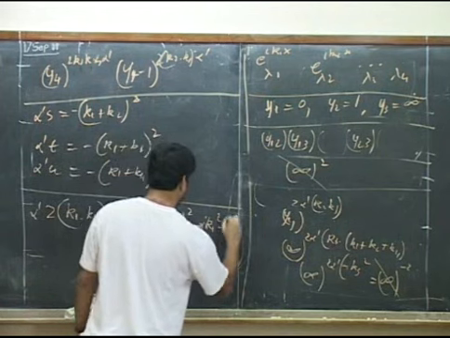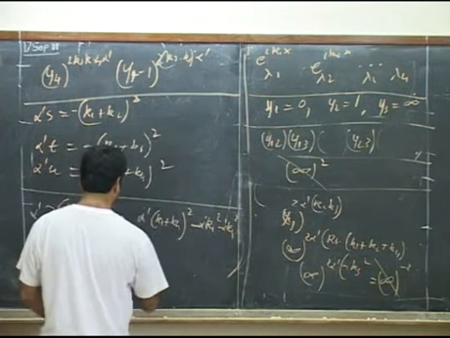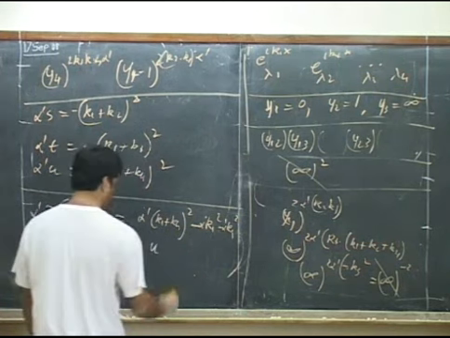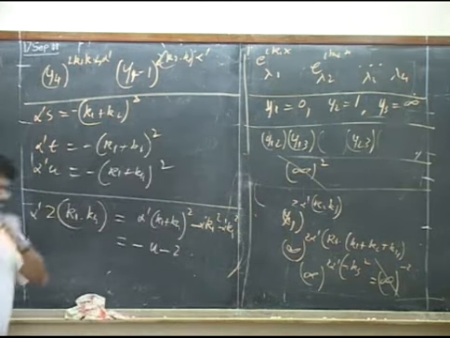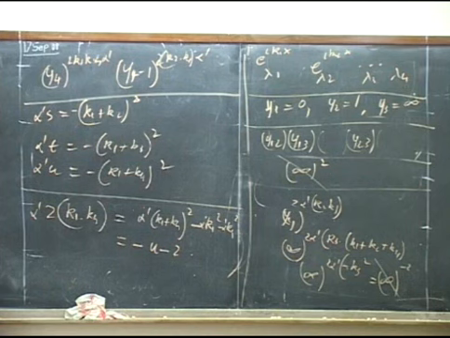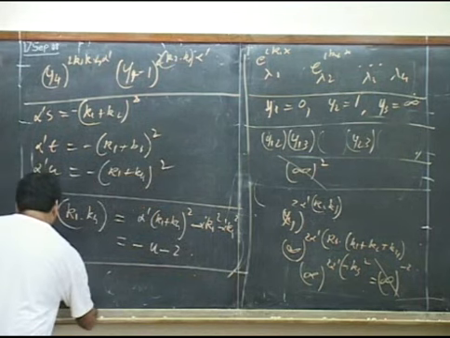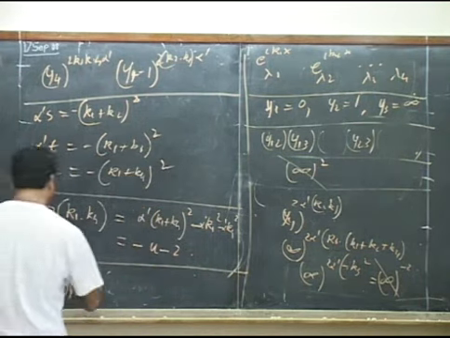Alpha prime is equal to minus u minus 2.